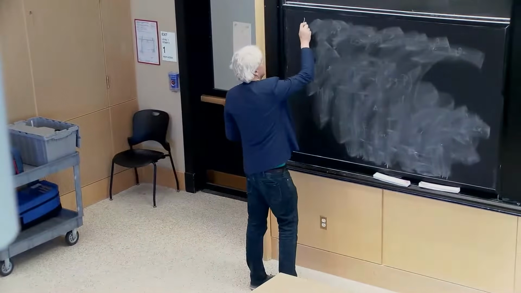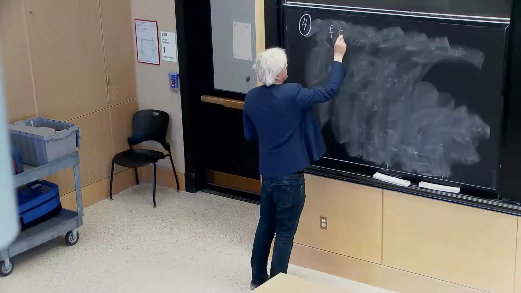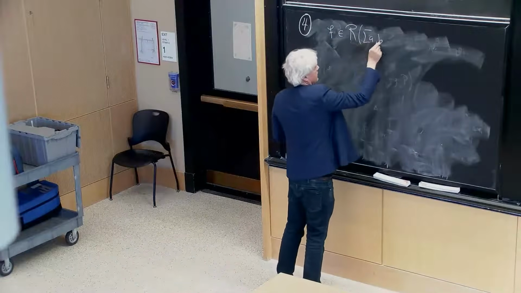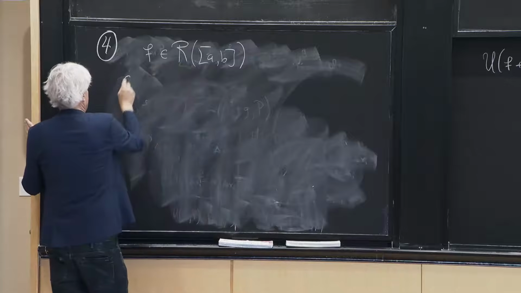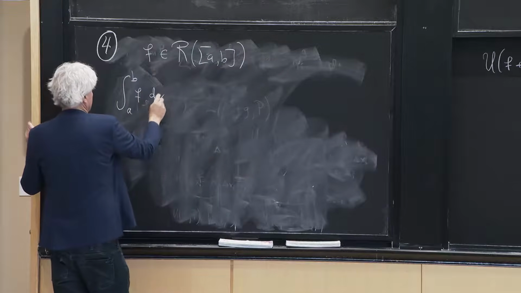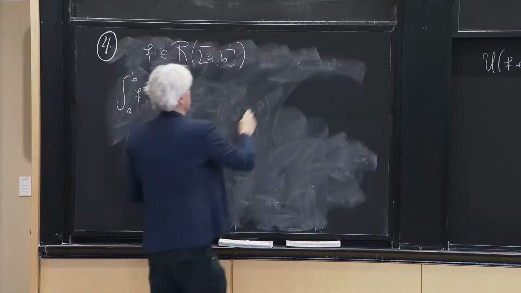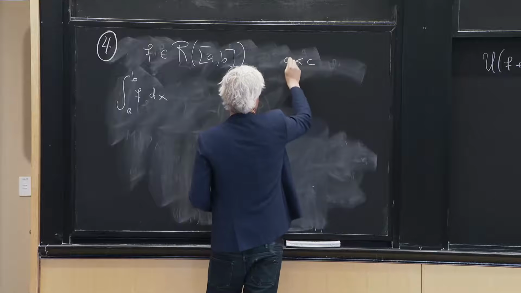So number 4 here is that if you take a function and it's integrable on some interval like this, it's bounded, always bounded, and you're looking at the integral of this function, and c is lying between a and b.